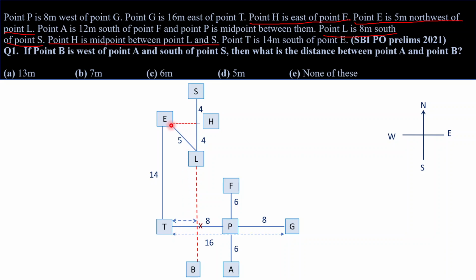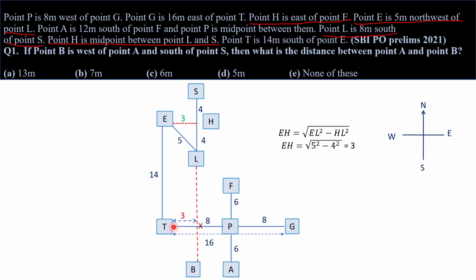So in this triangle EHL, I'm going to apply Pythagoras theorem. What Pythagoras theorem says? It says hypotenuse square is equal to perpendicular square plus base square. So this is how we are going to calculate the distance between EH. So EH will be equal to under root hypotenuse square minus perpendicular square. So we got our answer as 3. So distance between E and H is 3 meters, which is the same as TX.